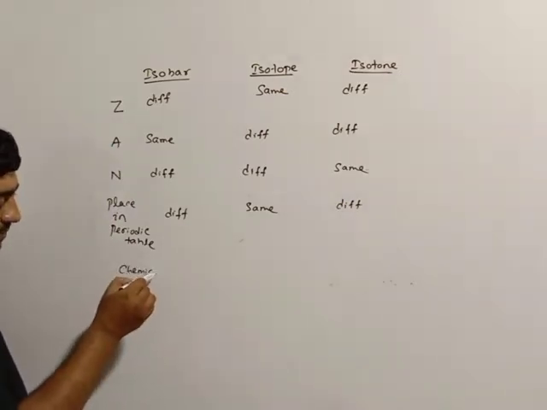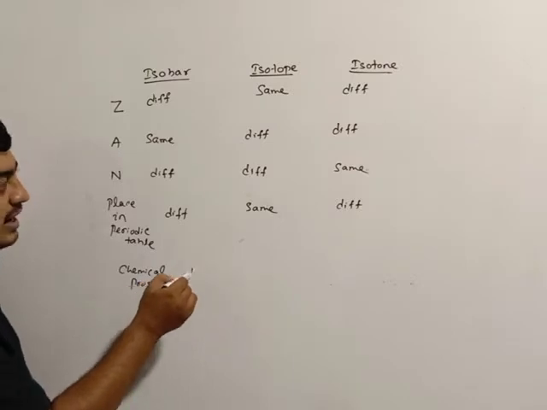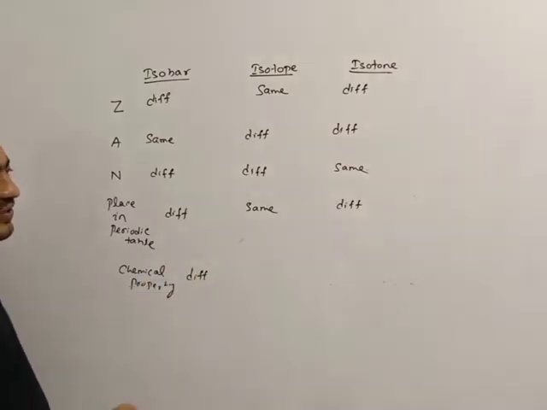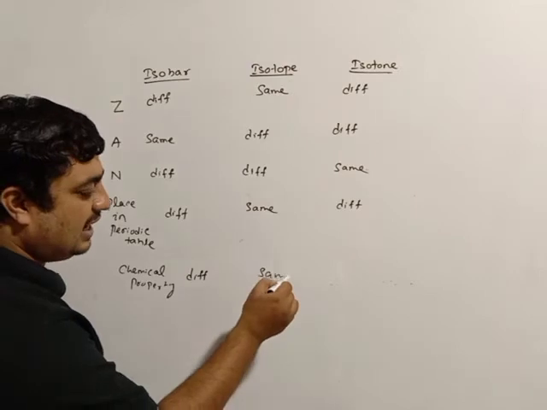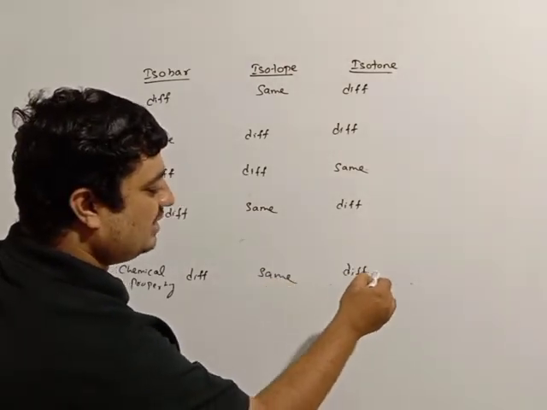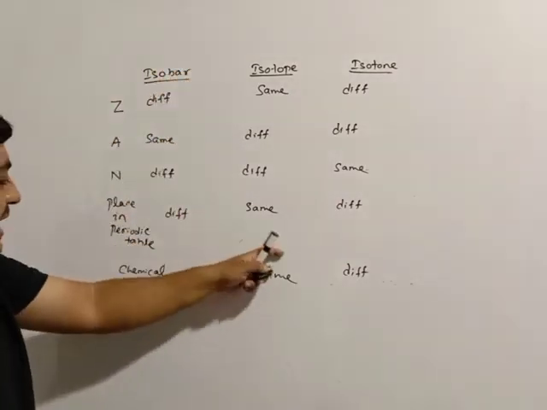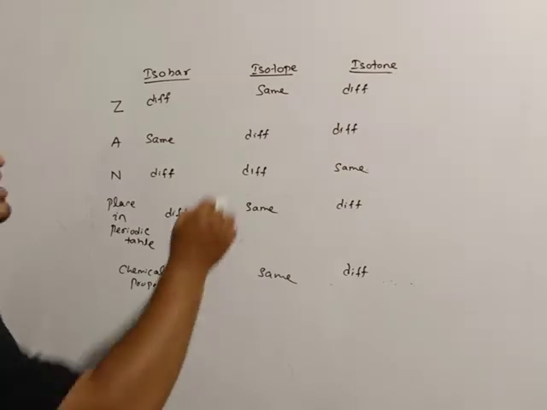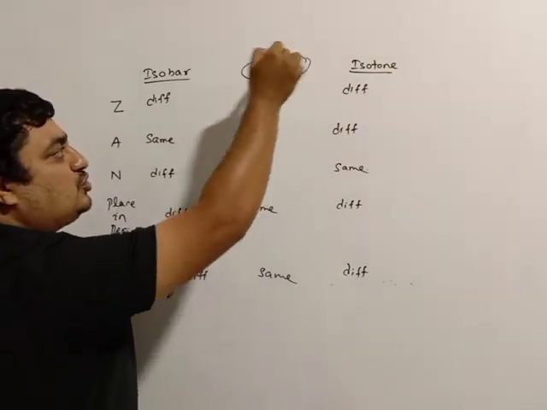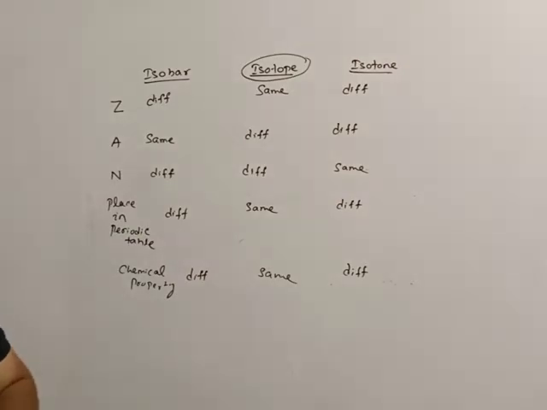Isobars have different chemical properties, isotopes have the same chemical properties, isotones have different chemical properties. So no chemical method can distinguish between two isotopes. We have to go for some physical process there.